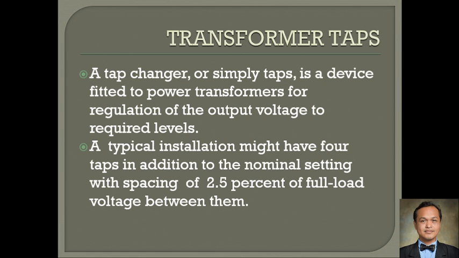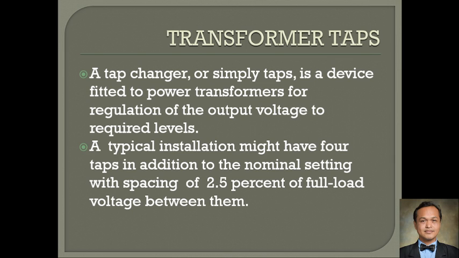Typically, a transformer might have 4 taps in addition to the nominal setting, with spacing of 2.5% of full load voltage between them. So the taps will only change the voltage a little step higher or a little step lower. It doesn't change it big enough.